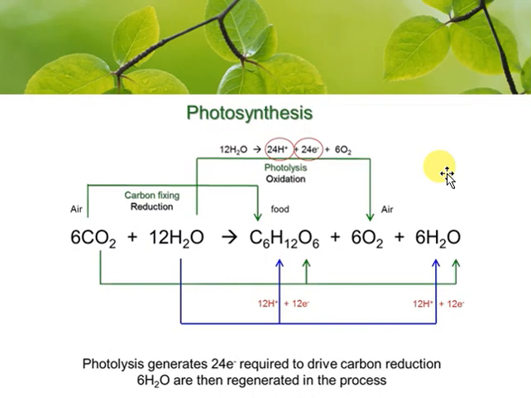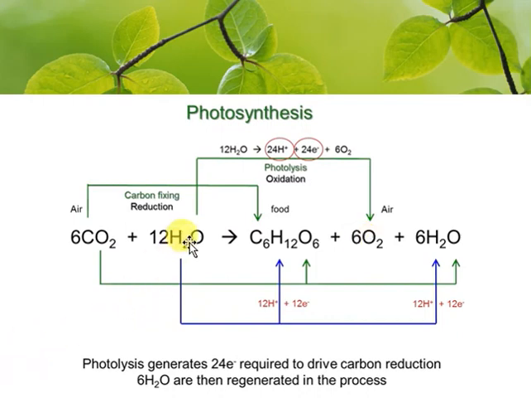So carbon dioxide, here's your molecule of carbon dioxide that you obtain from the air, is reduced into a sugar. The water molecules that are part of your reactants for photosynthesis will be oxidized to form molecules of oxygen.